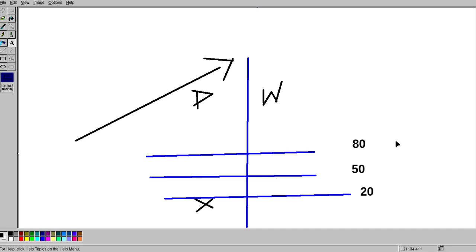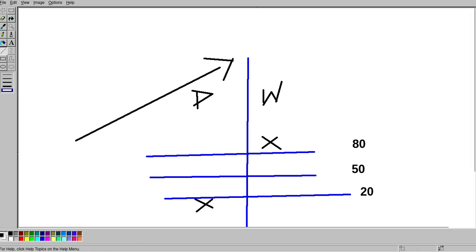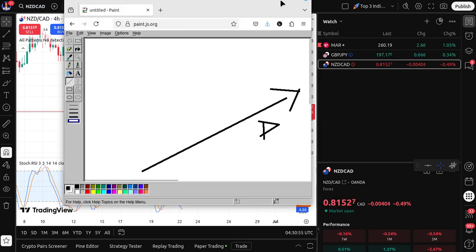So the first one is there should be a divergence on the daily pattern, and then the buy signal from there, and then another divergence here. So that's the first school of thought.